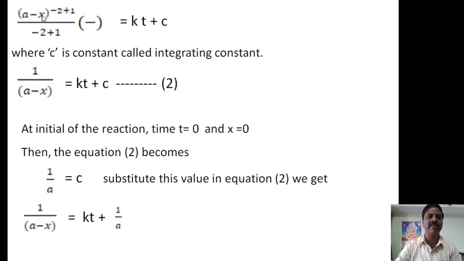Therefore, we get minus (A minus x) to the power of minus 1, equal to k as it is, and integration of dt means t, plus c. C is nothing but the integrating constant.